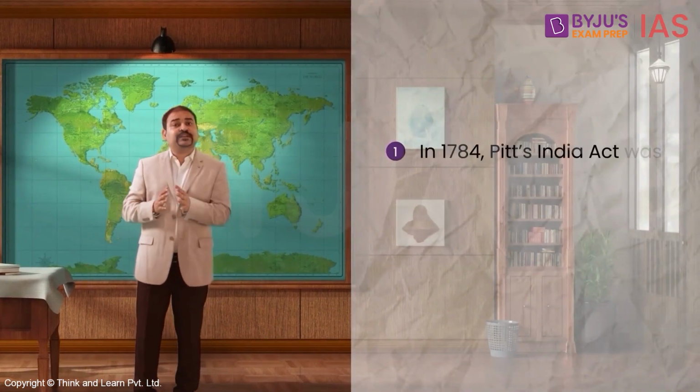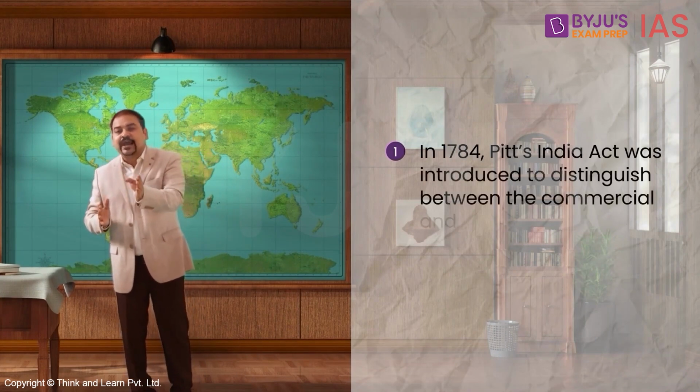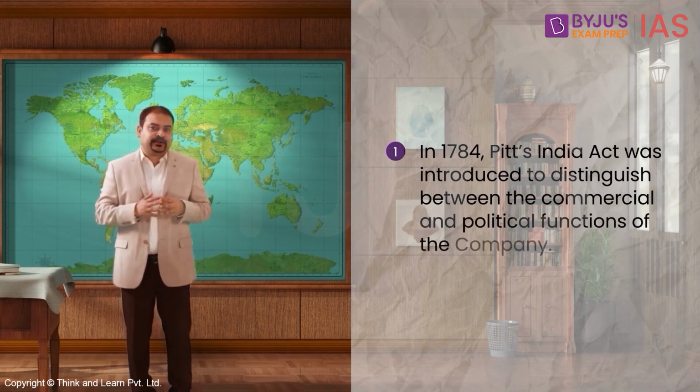Apart from the Subsidiary Alliance and the Doctrine of Lapse, the British introduced many policies to control the Indian kingdoms. In 1784, Pitt's India Act was introduced to distinguish between the commercial and political functions of the company.